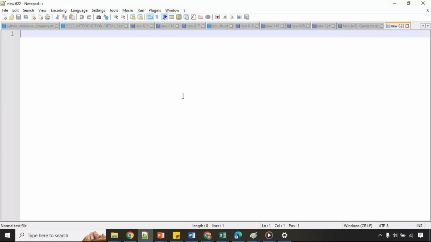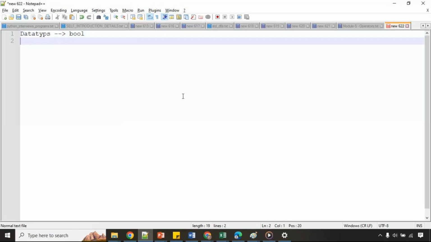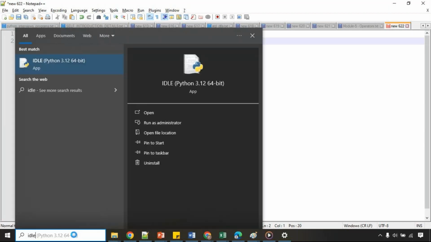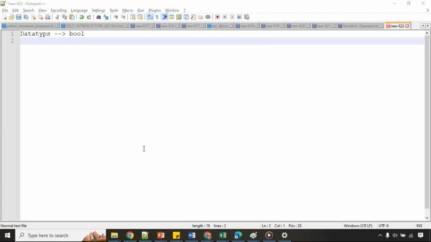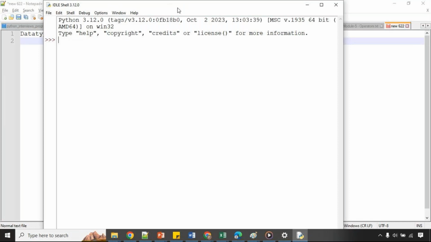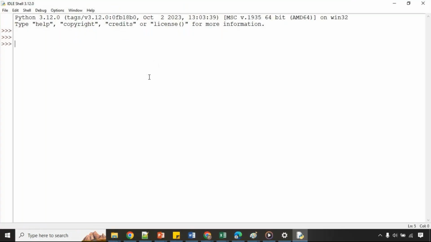So guys, last class we discussed the data types. One data type is remaining, which is the Boolean data type. Here, if you see, A equal to true, type of A is Boolean.